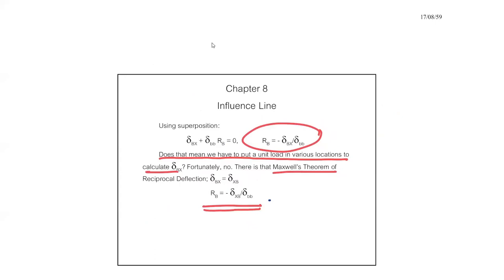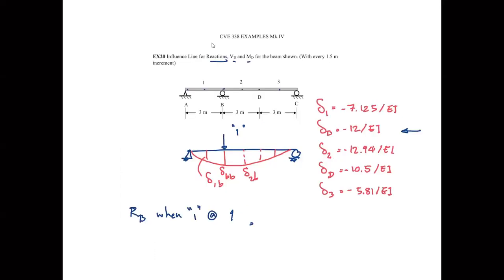So I don't really like it very much, but we all know that it's going to be positive. If I want the value of the reaction when the unit load is at this location, at 1, simply it is delta 1 divided by delta B, so it's 7.125 over 12, and the sign is reversed.